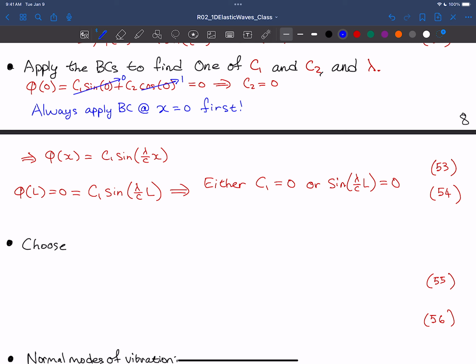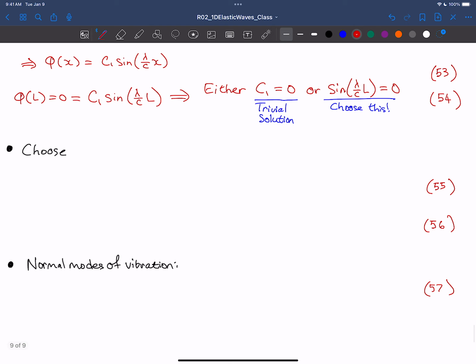This first solution, C1 equals 0, is our trivial solution, meaning that it's not interesting and we don't want to do that, which leaves us only the sine. That's the one we're going to choose. So I wrote it here. We're going to choose that the sine of lambda over c L must be equal to 0.